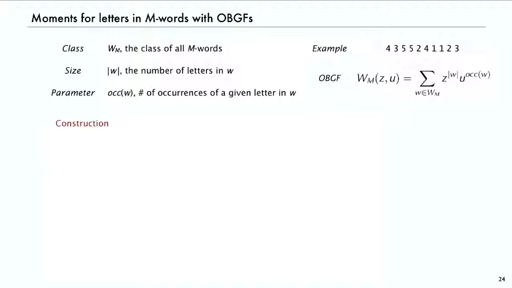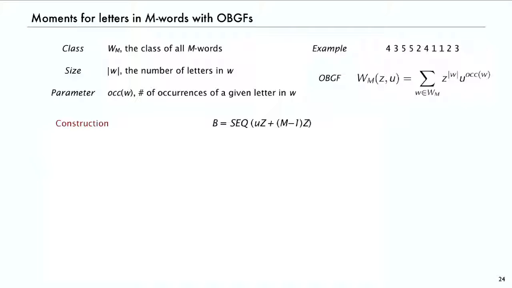So the size, again, is going to be the number of letters or the length of the word. But let's take as a parameter the number of occurrences of a particular letter in the word. So that's our bivariate generating function. So now to construct that, we use u to mark one of the letters, a particular letter. And then we don't mark all the others, so that's (m minus 1)z.